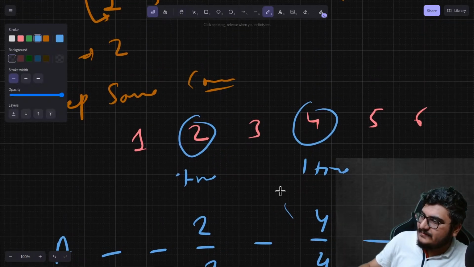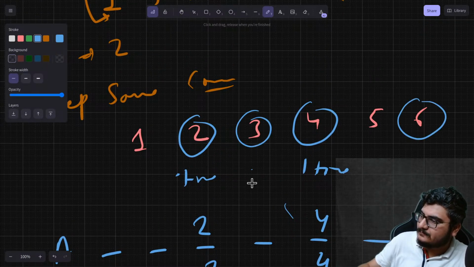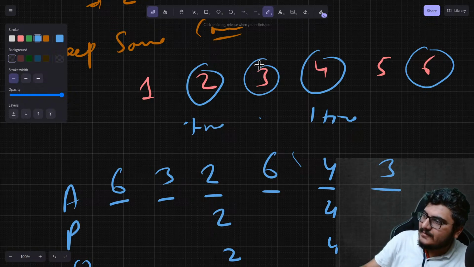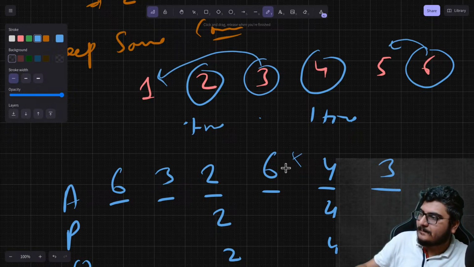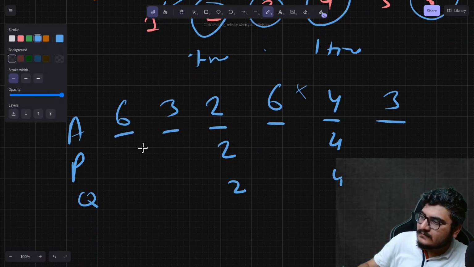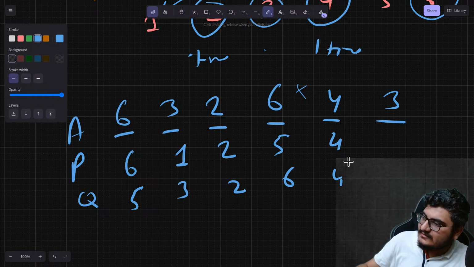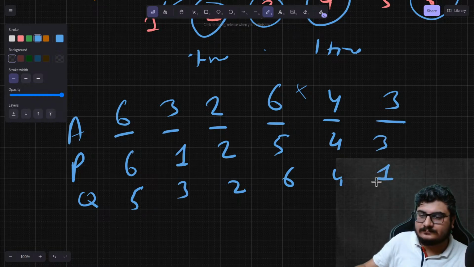And for all the remaining pairs, let's say 3 and 6 appear. In a place like this, 6, 6, 3, 3. So my idea is to pair 3 with one number less than that and 6 with one number less than that. So here make 6, 5, here make 5, 6. Here make 1, 3, here make 3, 1.